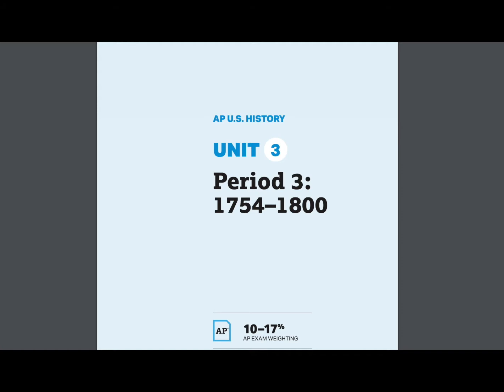So they come up with a compromise, and what they do is they create what's called the Olive Branch Petition. Really what the Olive Branch Petition essentially said was that they felt that they were still English, that they still wanted to be part of the crown, but they wanted all of those things from the First Continental Congress to be agreed upon by the Parliament, as well as getting some form of representation in Parliament.